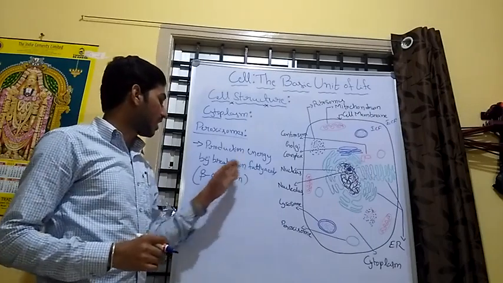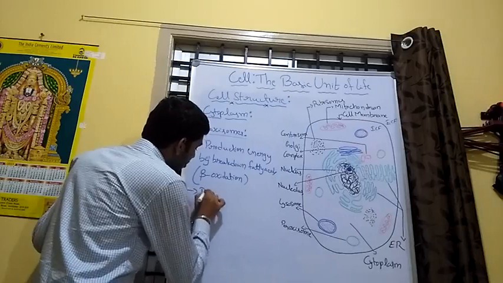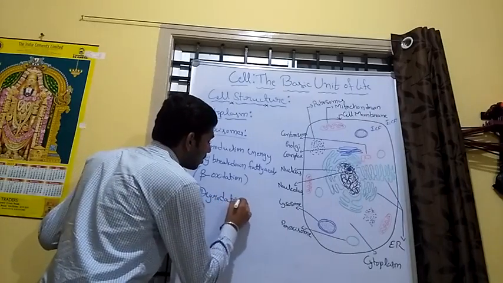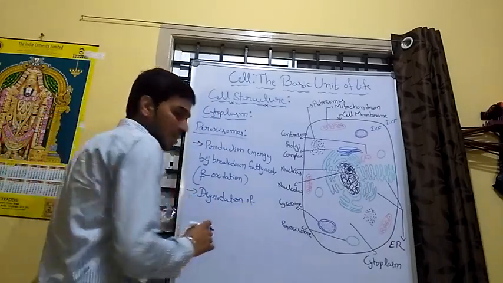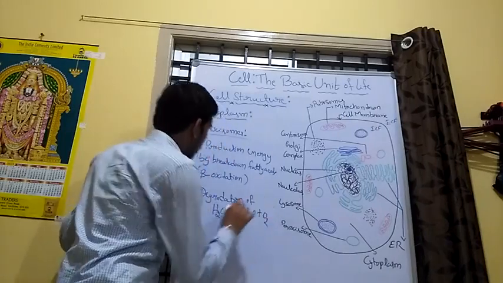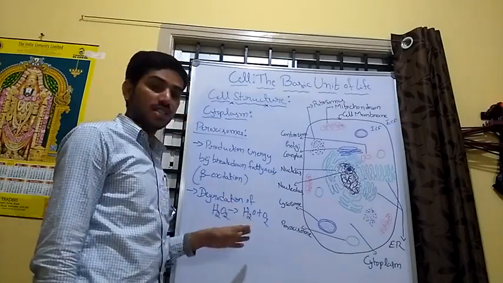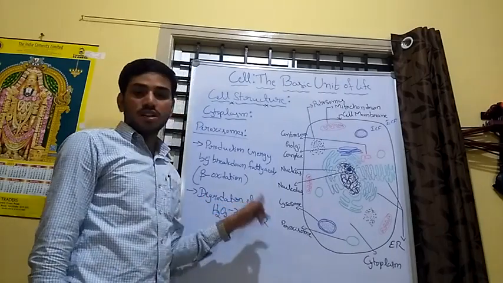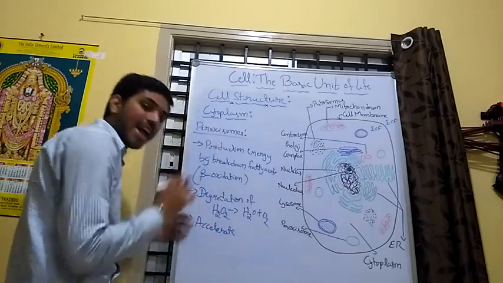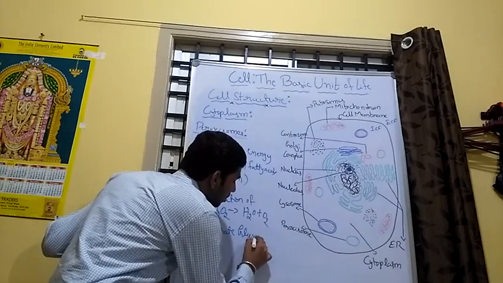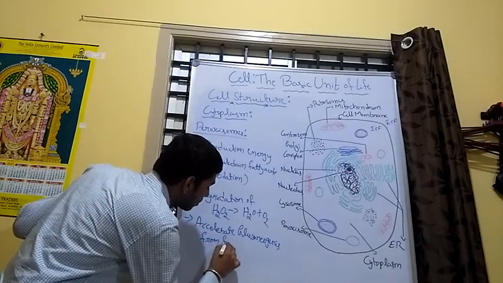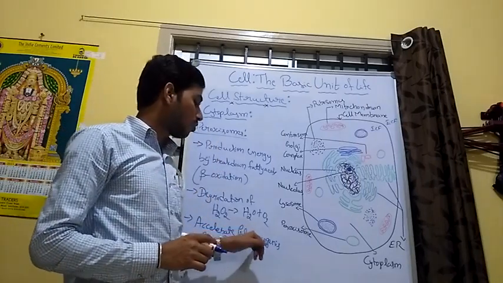Peroxisomes are helpful for the breakdown of fatty acids by means of beta oxidation, and the degradation of harmful substances such as hydrogen peroxide into water and oxygen, and they enhance gluconeogenesis from the fats.